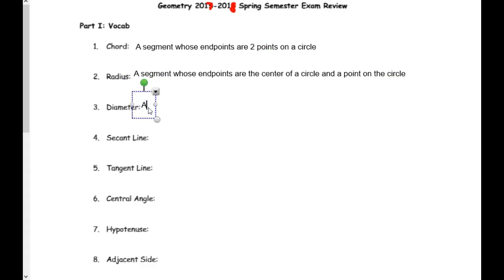A diameter is also a segment whose endpoints this time are, well, we'll just call it a chord. A chord that passes through the center of a circle.